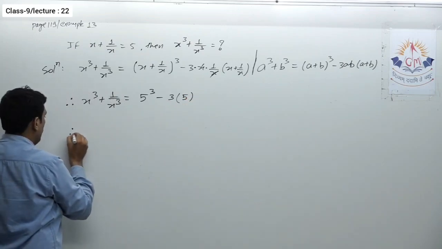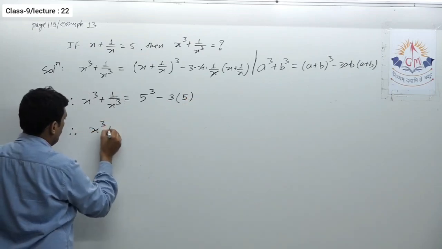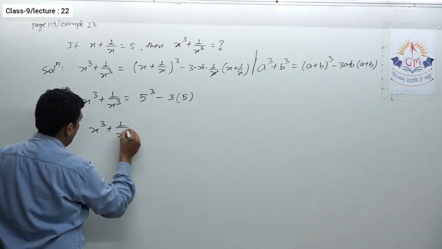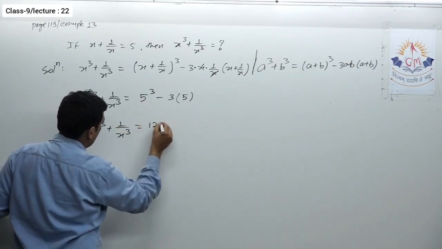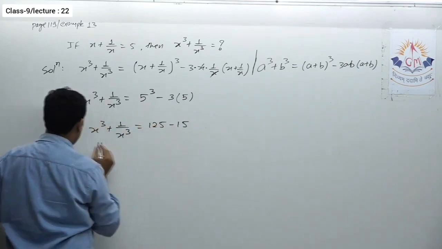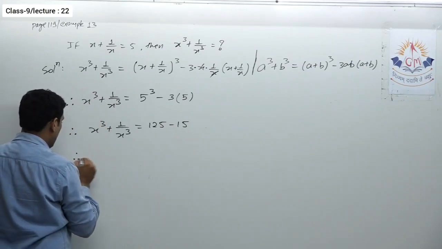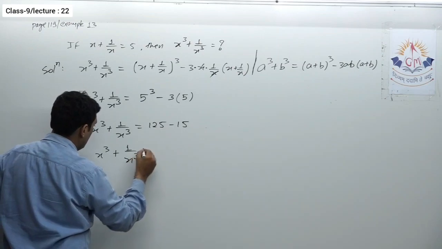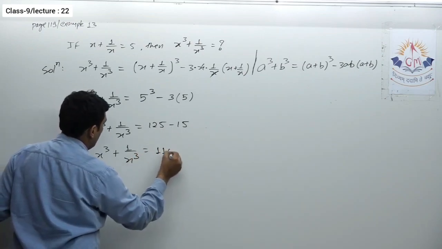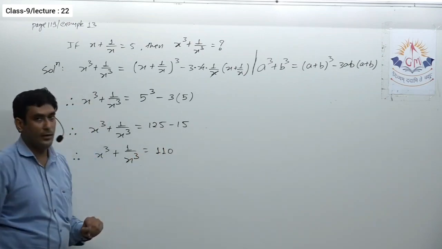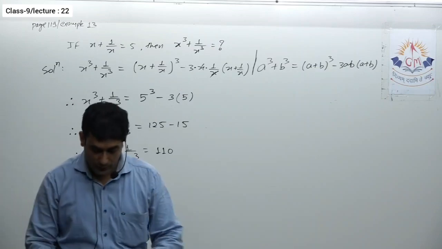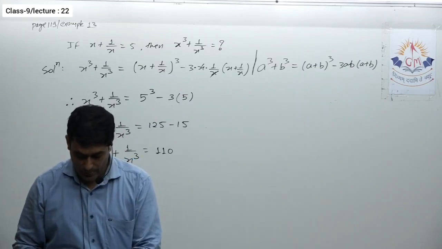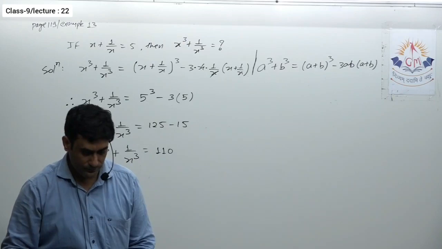So x cube plus 1 upon x cube is equal to 125 minus 15. Ultimately my answer is 110, the difference is 110. So this is my final answer. Please note it down, then we will see the next question.